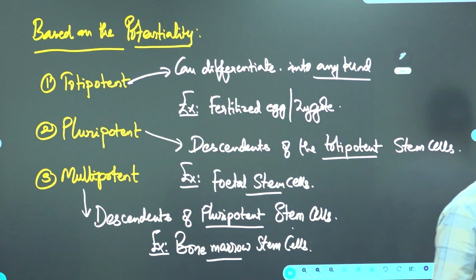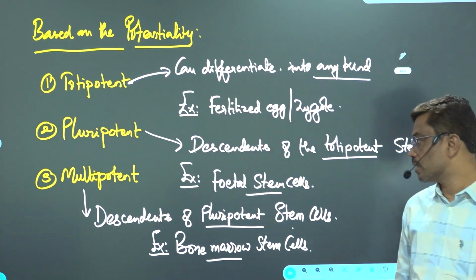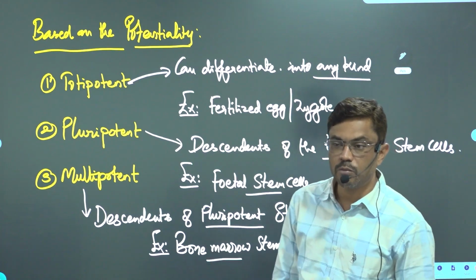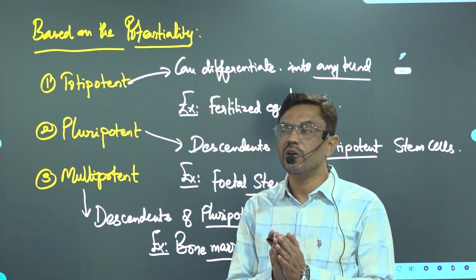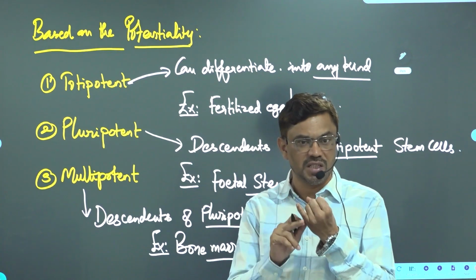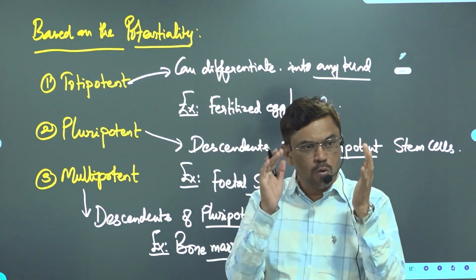So multipotent stem cells are the descendants of the pluripotent stem cells. Say for example, hematopoietic stem cells, which are present mainly in the bone marrow. These hematopoietic stem cells can modify into different kinds of blood cells like RBC, WBC. So they have more limitations.